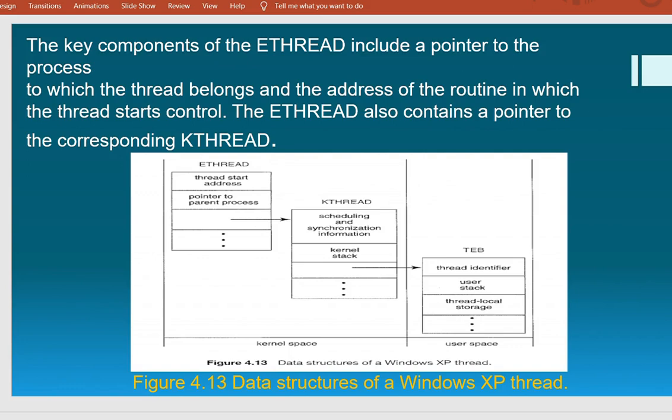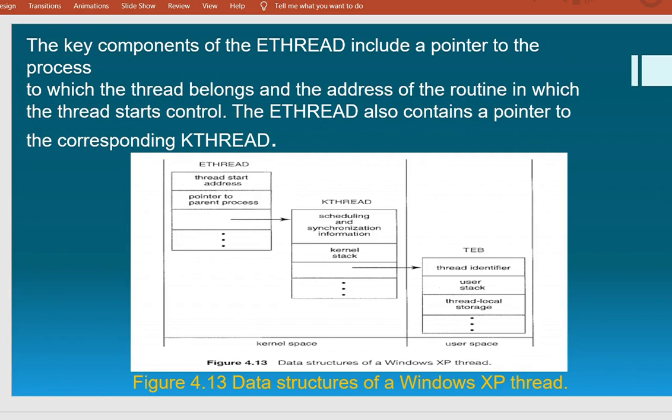The essential components of the ETHREAD include the pointer to the process to which the thread belongs and the address of the routine in which the thread starts control. The ETHREAD also contains the pointer to the corresponding KTHREAD. The KTHREAD includes scheduling and synchronizing information for the thread. In addition, the KTHREAD includes the kernel stack and a pointer to the TEB.